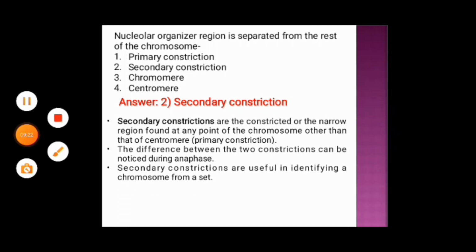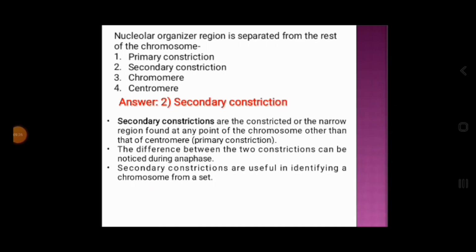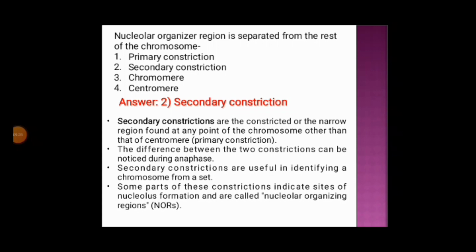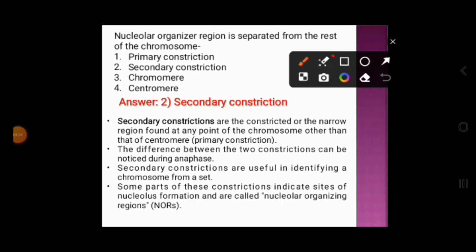These secondary constrictions are useful in identifying chromosomes from a set. Some parts of this constriction indicate the sites of nucleolus formation, and are called the nucleolar organizer region.